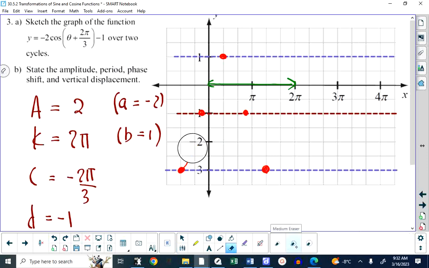We are actually asked to specifically draw this for 2 periods. So we could continue over 1.5 squares up to the middle, over 1.5 to the top. Do you see why I'm saying over 1.5 squares? Because that's how far 1/4 of the cycle is.